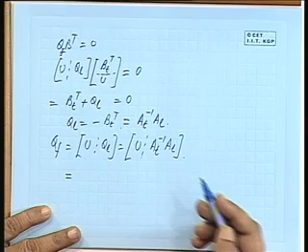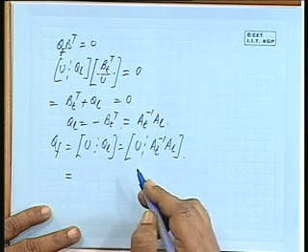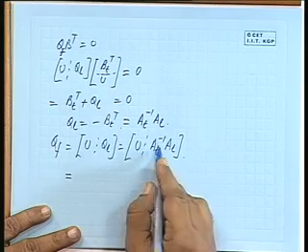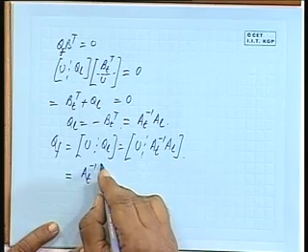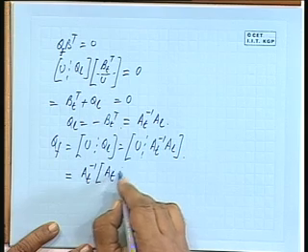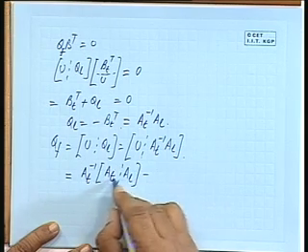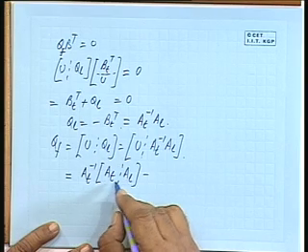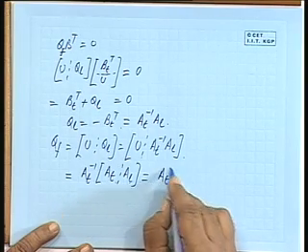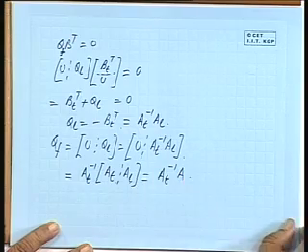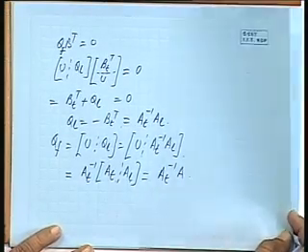If I multiply by AT and take AT inverse outside, AT inverse into AT partitioned AL, which means nothing but A. AT and AL combined together is A. So it is AT inverse A. Is that okay?